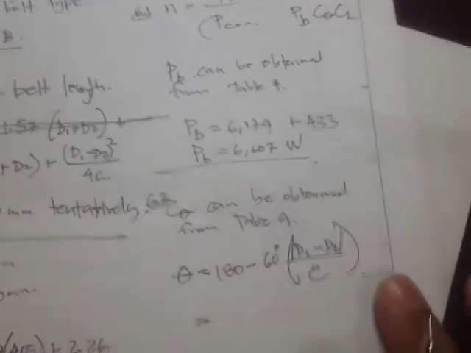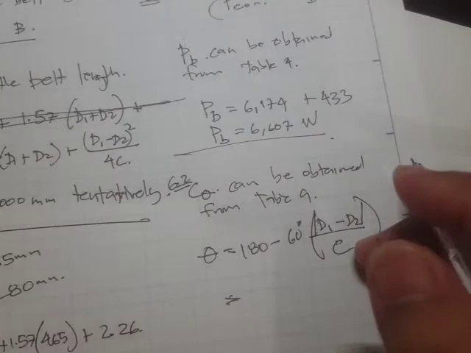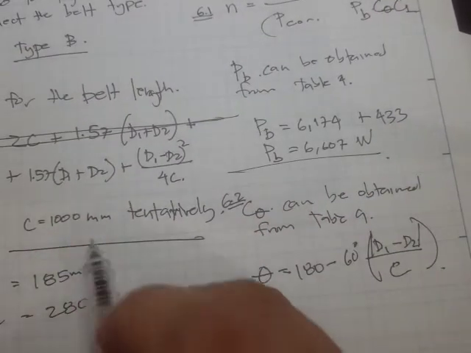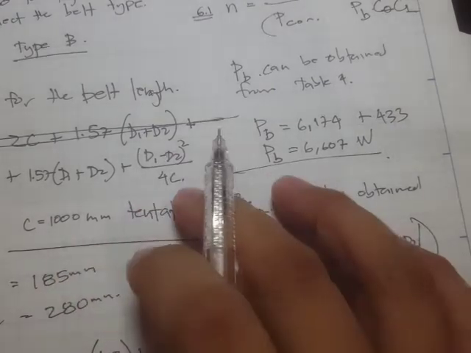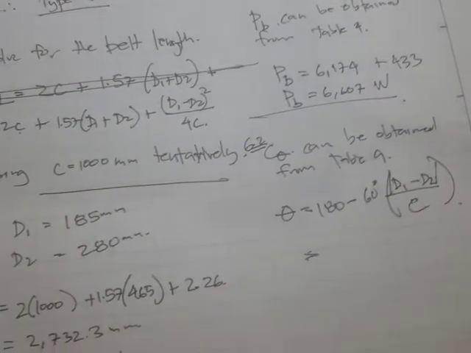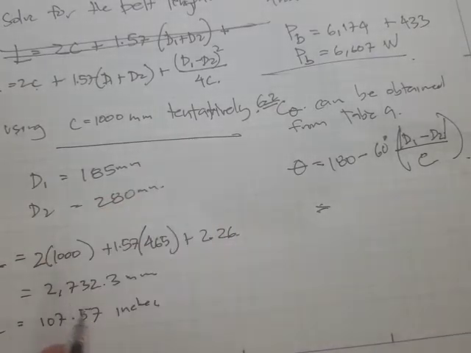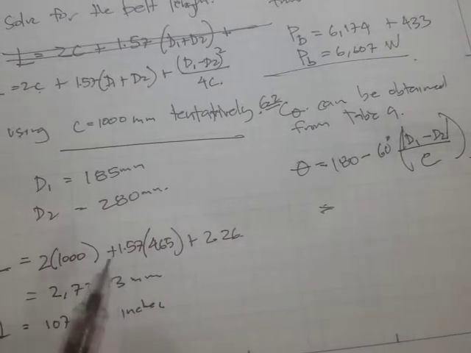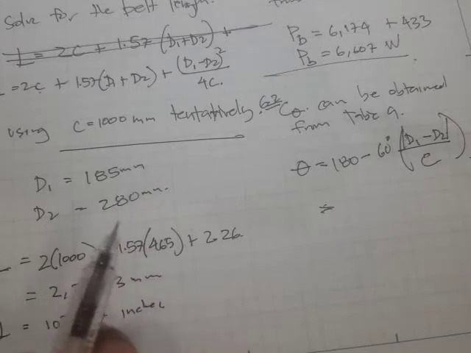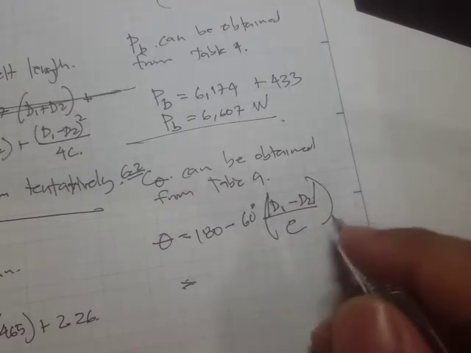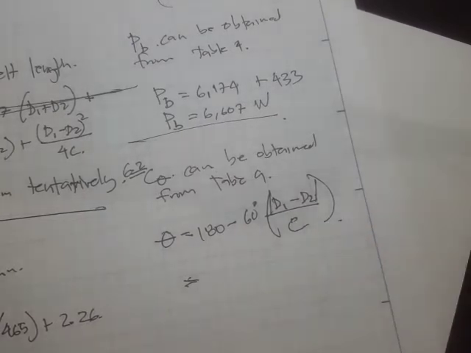Okay, so this is our equation, and for our center distance, this is 1000 mm. That's our tentative case. And when we solve, this is 107.57, but we rounded this up. We changed this value to some standard lengths. So it is also possible that we use here the corrected center distance if we'd like.